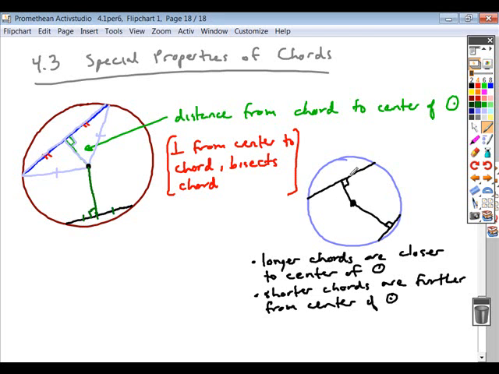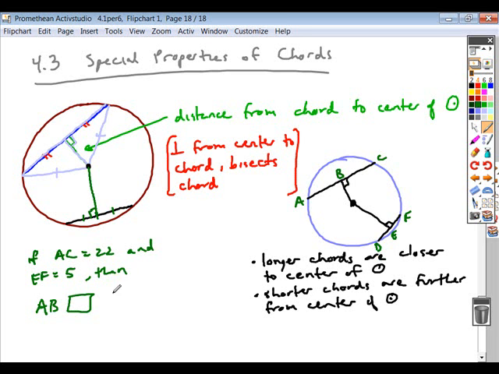All right, so if I were to take a problem and let's say I give these intersections A, B, C, and then D, E, and F points. Given this figure right here, if AC is 22 and EF is 5, then how does AB relate to DF?